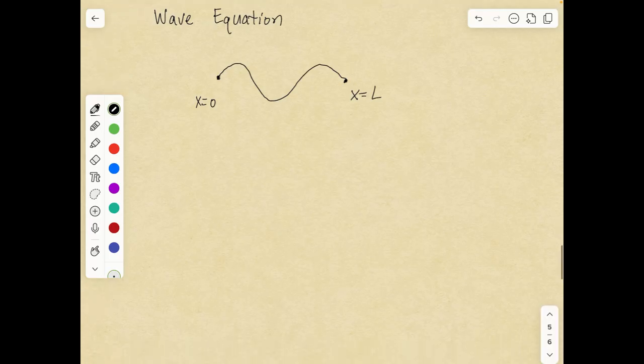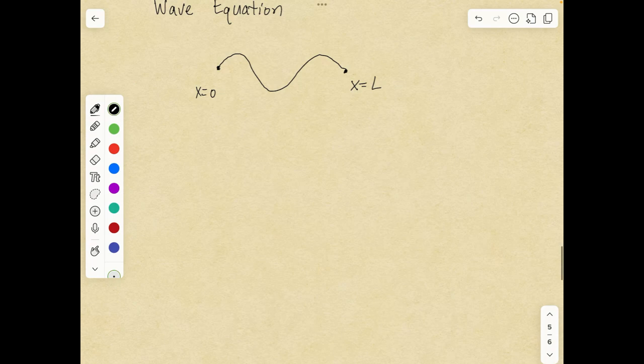So basically here's x equals 0, here's x equals L, and at x equals L and x equals 0, the displacement is 0 throughout for all time. But at other values of x, you have some displacement, which is not 0.